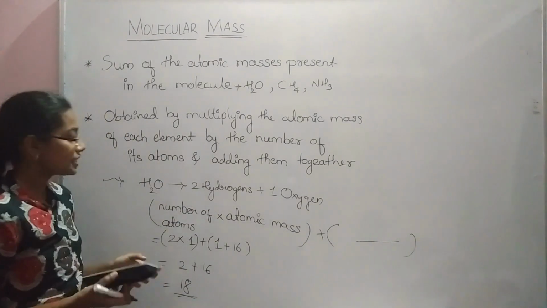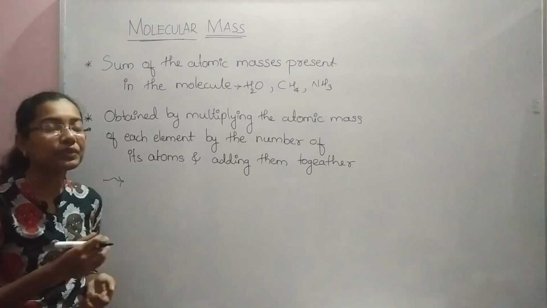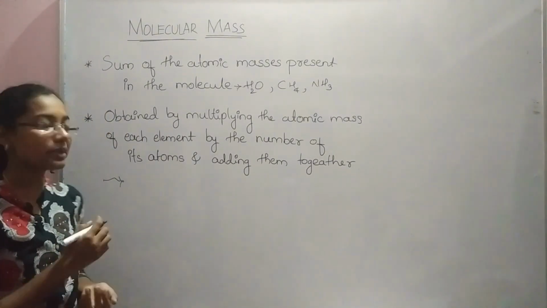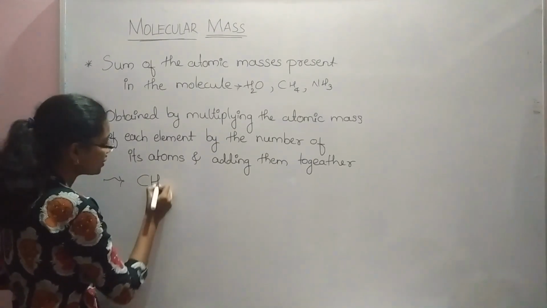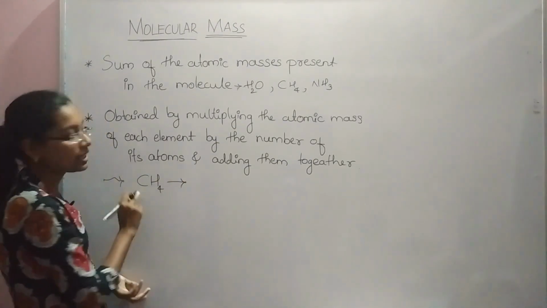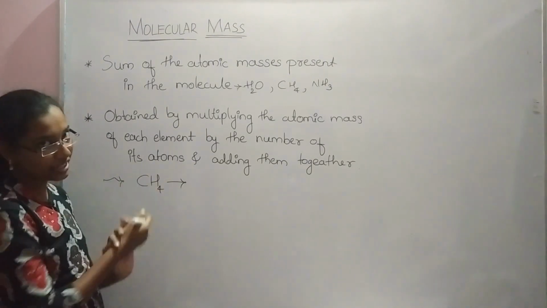Now let us see some other molecules. Now we will calculate the molecular mass of methane, that is CH4. It contains one carbon atom and 4 hydrogen atoms.